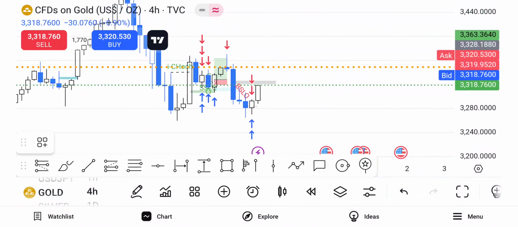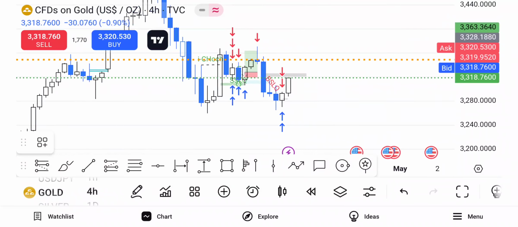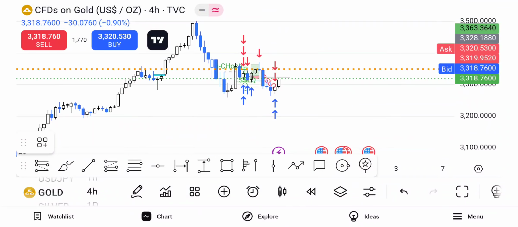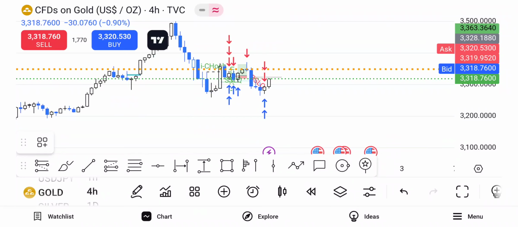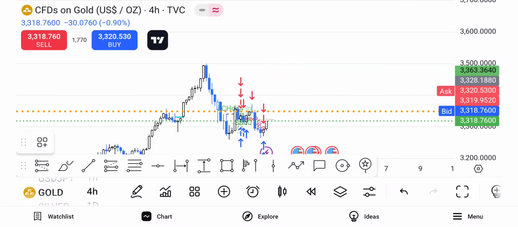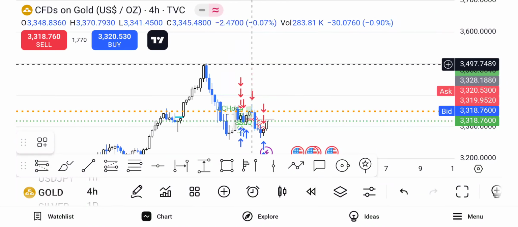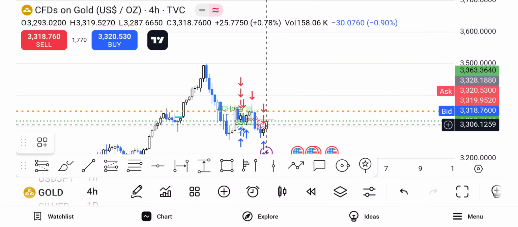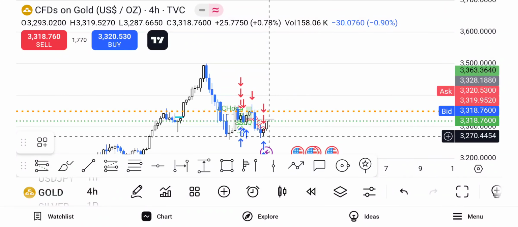On the 4-hour time frame, where is the sell side liquidity? Why do we require the sell side liquidity? Well, if we want this high to break, the institutions would want to enter around here.